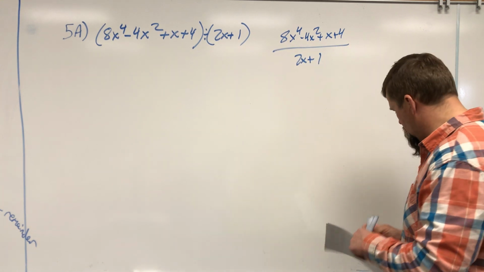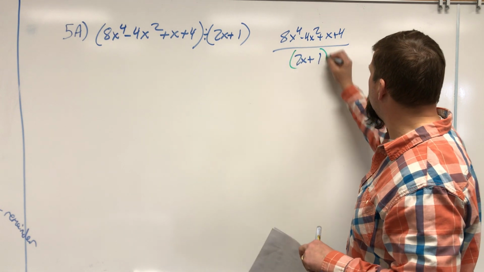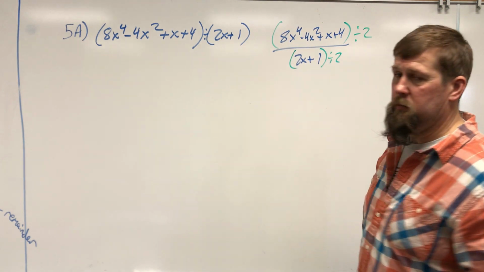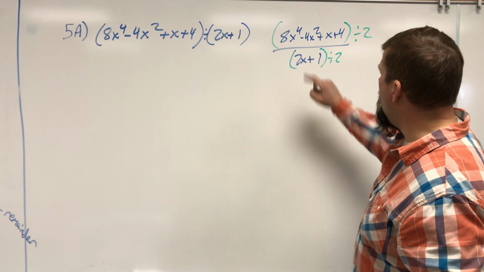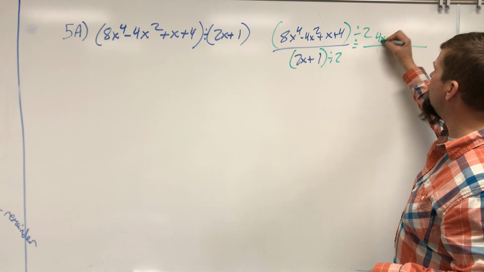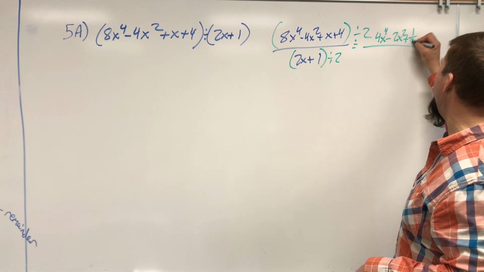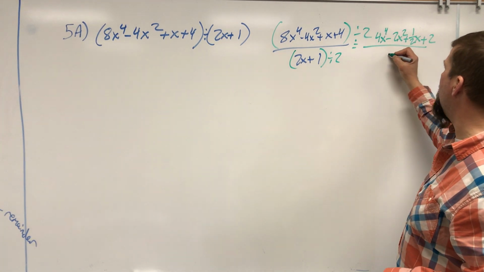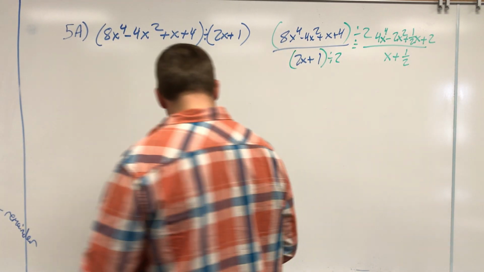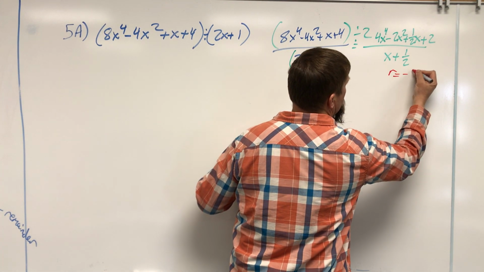So if I want to divide this by 2, I also have to divide this by 2 to get r. Now we have 4x to the 4th minus 2x squared plus 1/2 x plus 2 divided by x plus 1/2. So basically r is equal to negative 1/2.